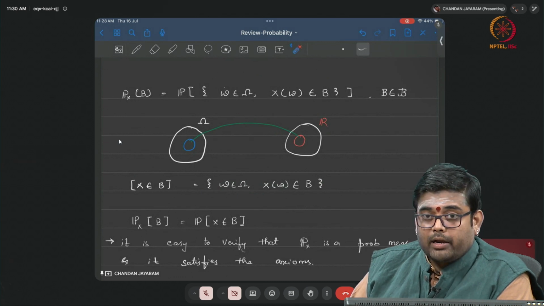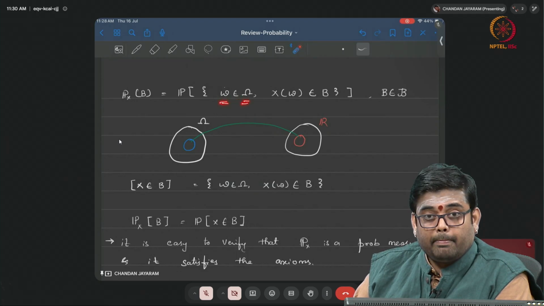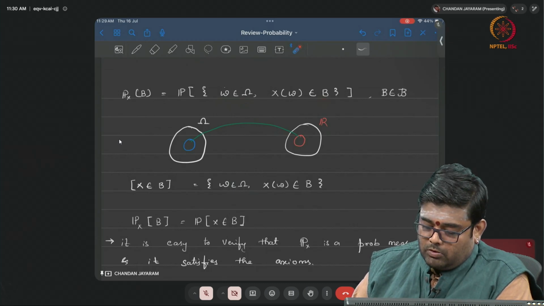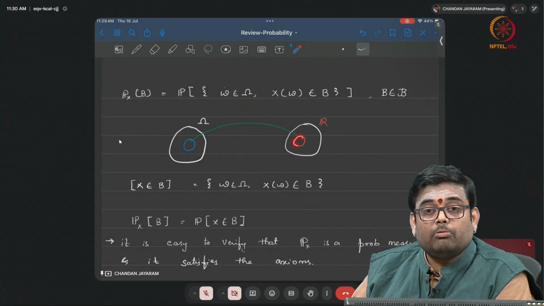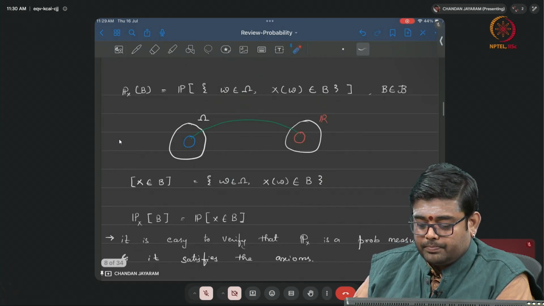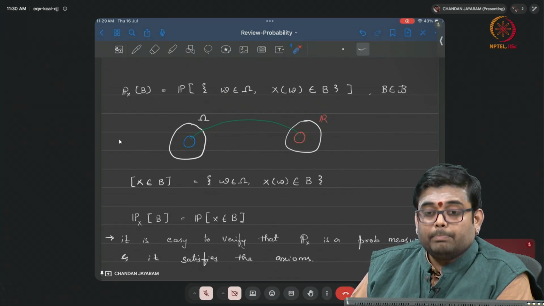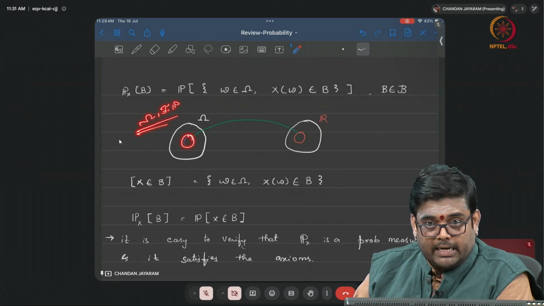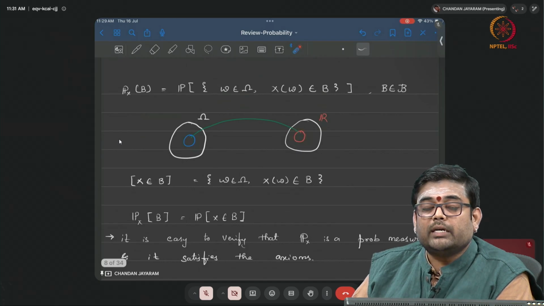You take all the omegas that belong to this Omega which have been mapped to this B. Since you have this (Omega, F, P) and this probability has already been assigned, you take this, and that will be the probability of this B.